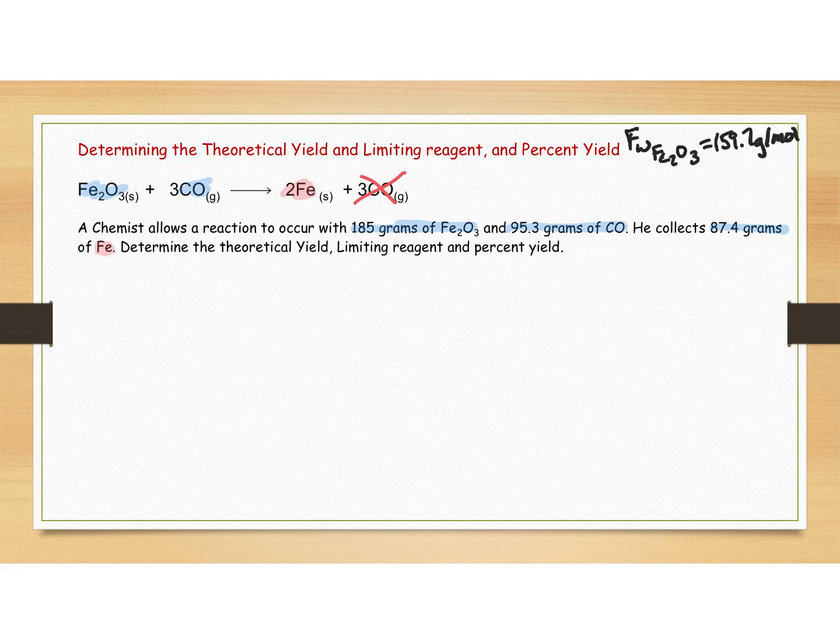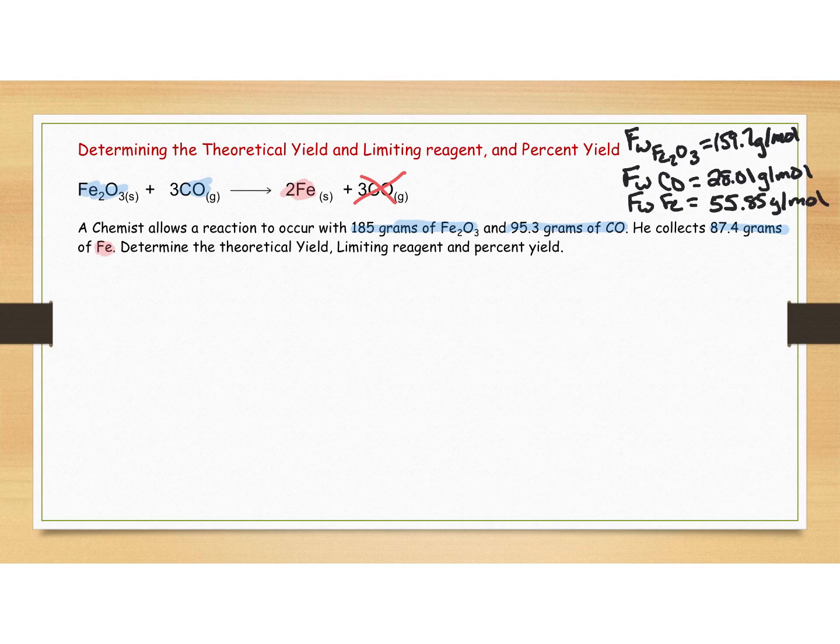The formula weight of carbon monoxide is 12.01 plus 16, which gives me 28.01 grams per mole. And I will need the formula weight of iron, which is 55.85 grams per mole, and I get that off the periodic table.